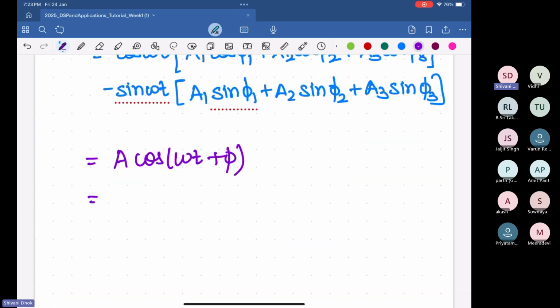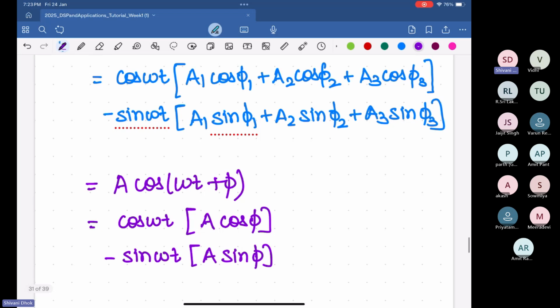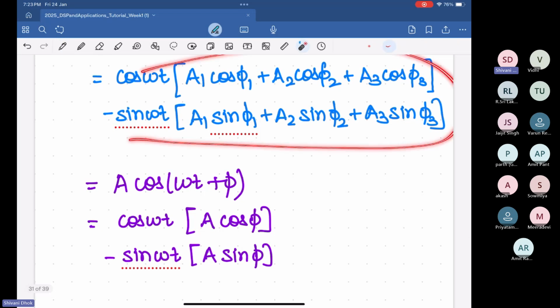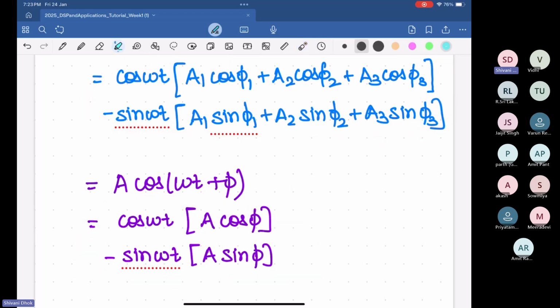So this is equal to cos of omega t multiplied by a cos phi minus sin of omega t multiplied by a sin phi. So these two equations are the same. So now let us do the coefficient matching.